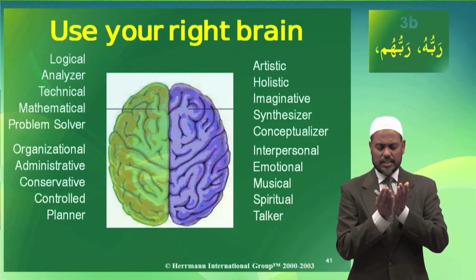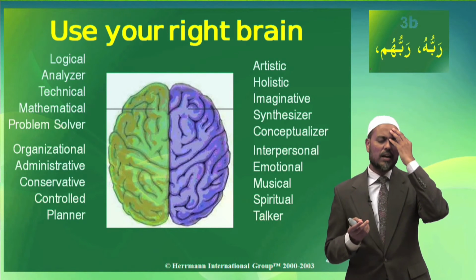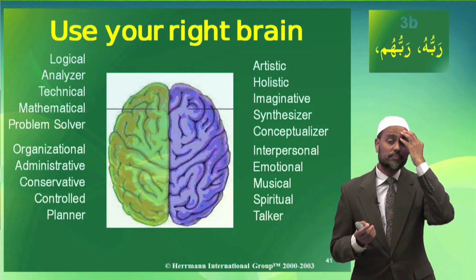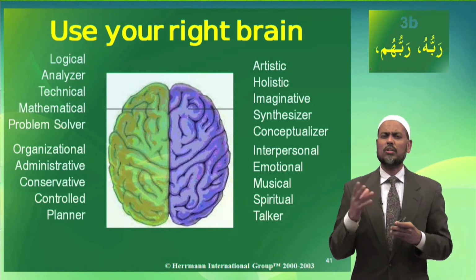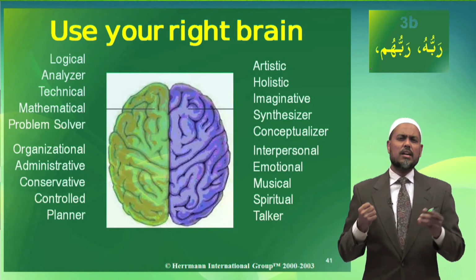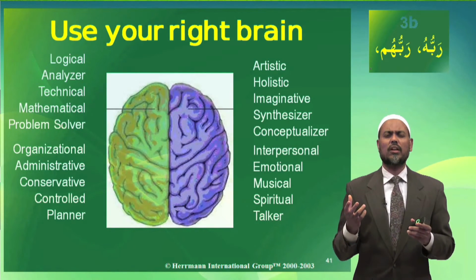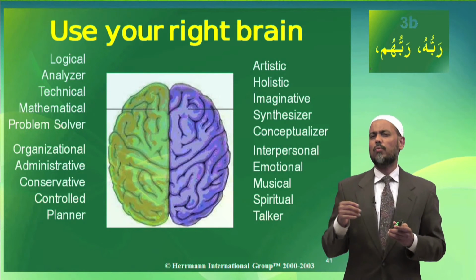So if you just take the list of the words and memorize it, like huwa, he, hum, they, anta, you, antum, you all, then you are using only the left part of the brain. If you want to use the right part of the brain, which is artistic, holistic, imaginative, synthesizer, conceptualizer, emotional, musical, spiritual, then add those dimensions when you are learning.